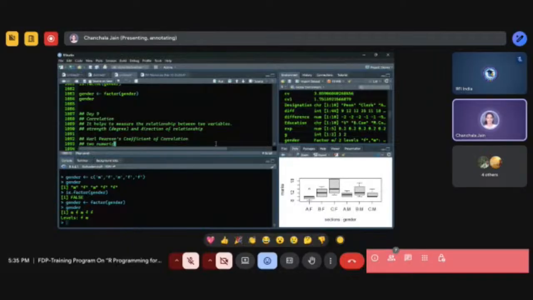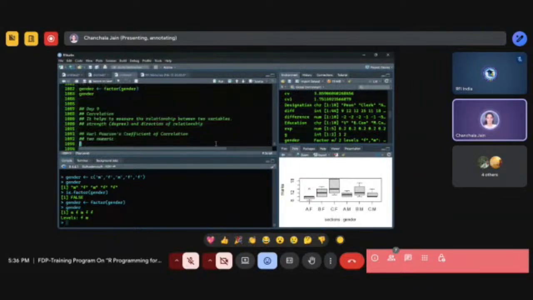If we have ordinal variables, measured on a rank scale, we can use Spearman's rank correlation.